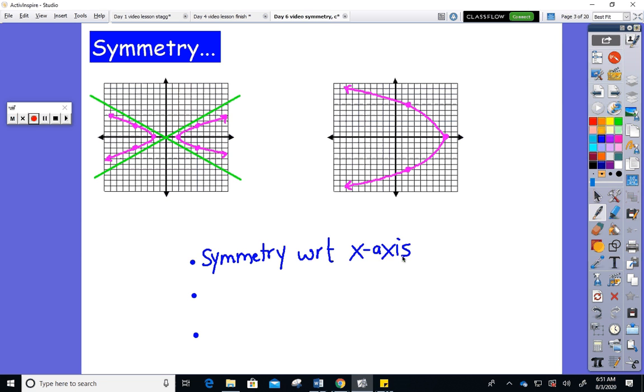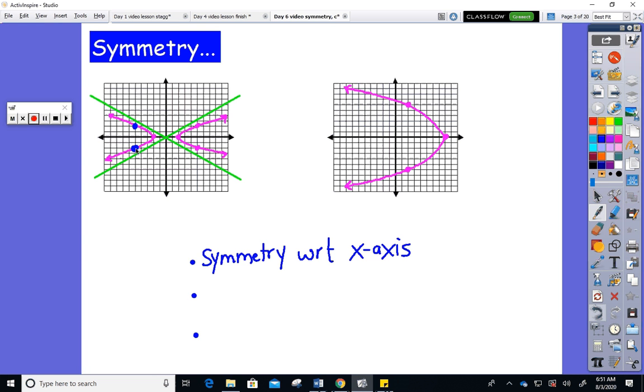So on these, if I folded the graphs over the x-axis, the two halves would overlap each other. So if you take a look at it, guys, you might say, oh, so this point is the mirror image. Whoa, that's not where that meant. Sometimes you'll notice that on this screen, I'll touch in one place, but the writing shows up in another. So sorry about that. So those two dark blue points are mirror images with respect to the x-axis.